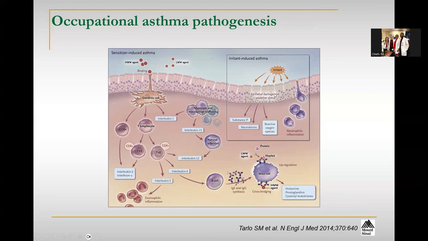But the way they originate and how the cascade proceeds is different between the two. So these are the two major types of occupational asthma that are recognized: sensitizer-induced and irritant-induced.